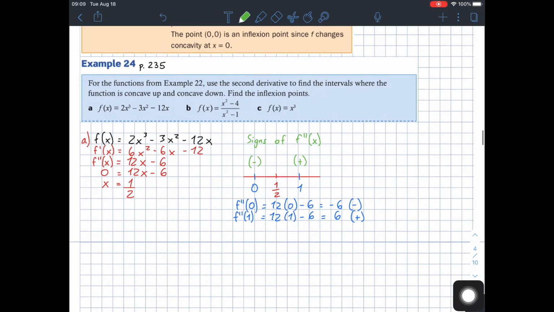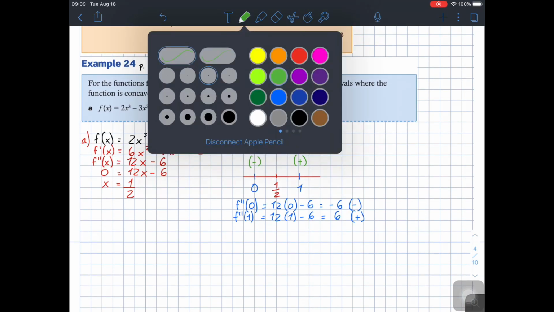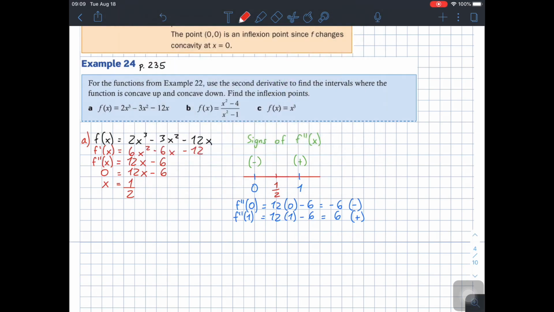So with this information, first of all, we can find the inflection point by substituting the x value into the original function. So we're going to say that f of 1/2 is equal to 2 times 1/2 cubed minus 3 times 1/2 squared minus 12 times 1/2.